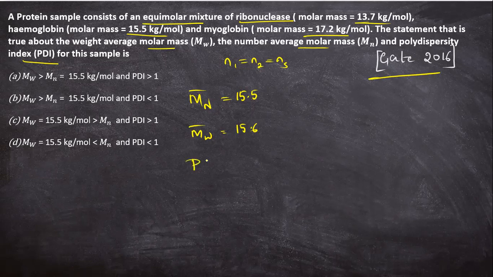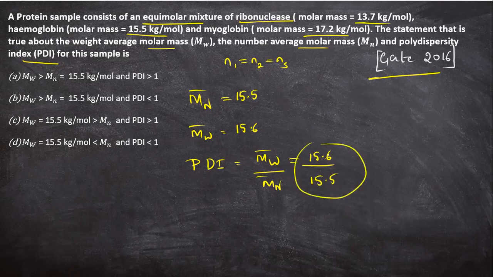But here they are asking PDI, which will be Mw divided by Mn. Since Mw is greater than Mn, this whole value will be positive and greater than 1. This means PDI will always be greater than 1.